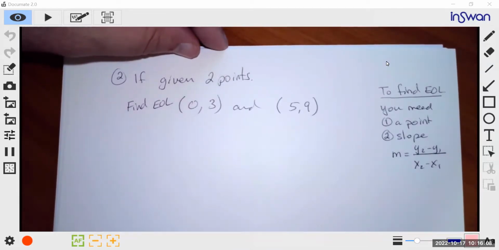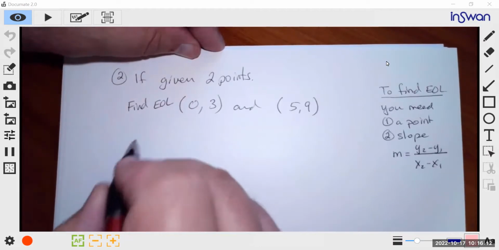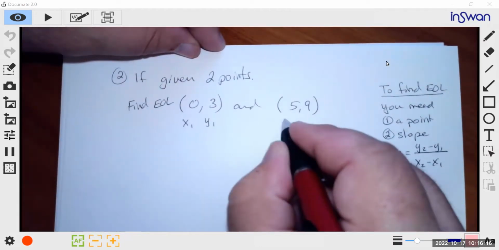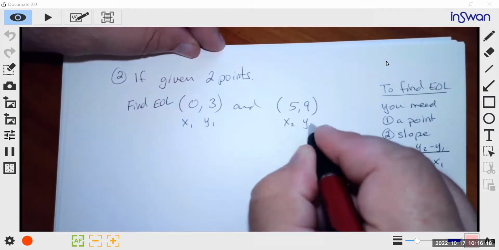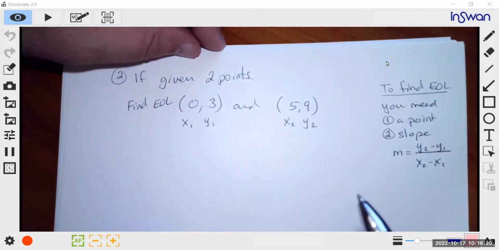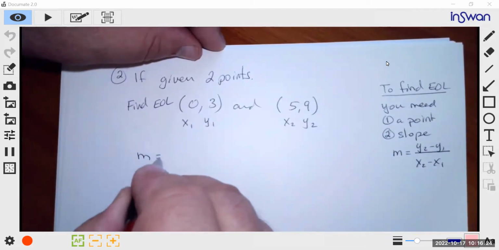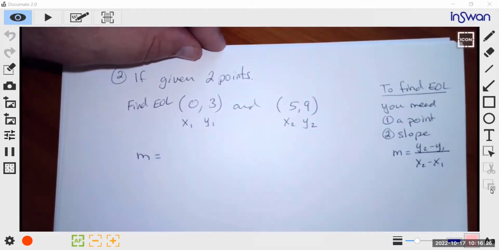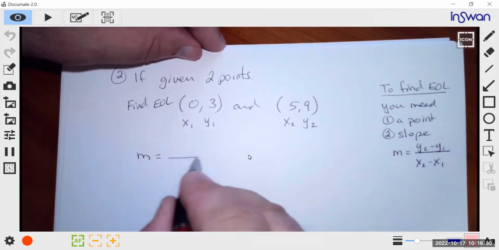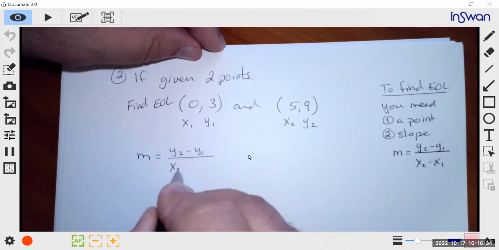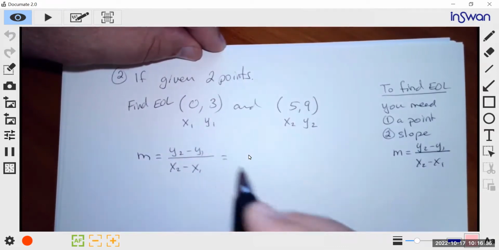If we have 2 points, we can find the slope. So y2 minus y1 over x2 minus x1.